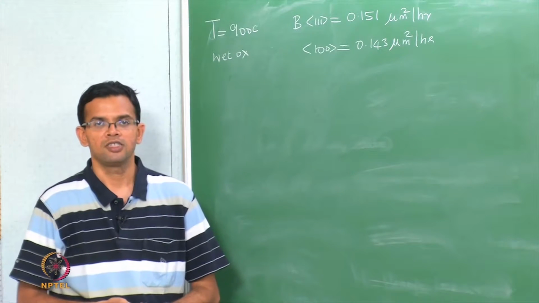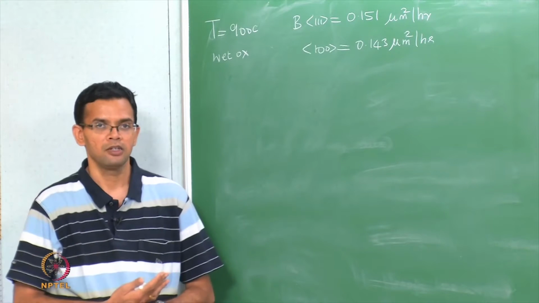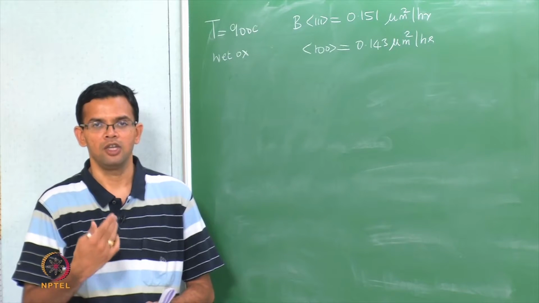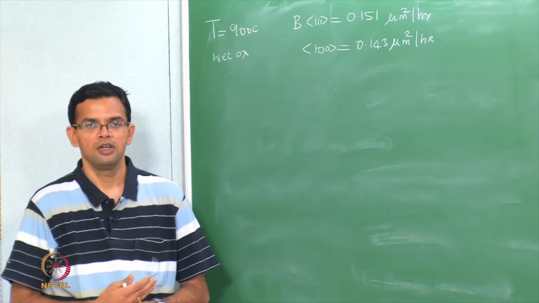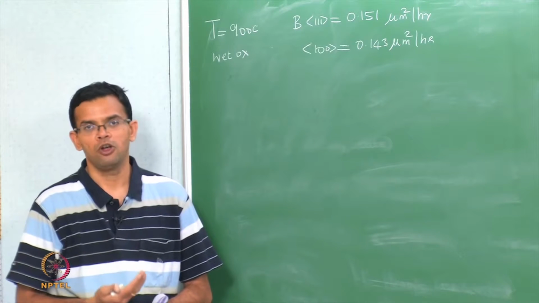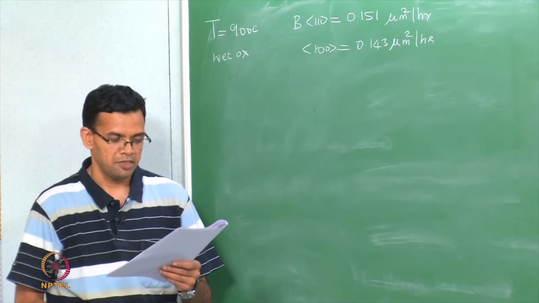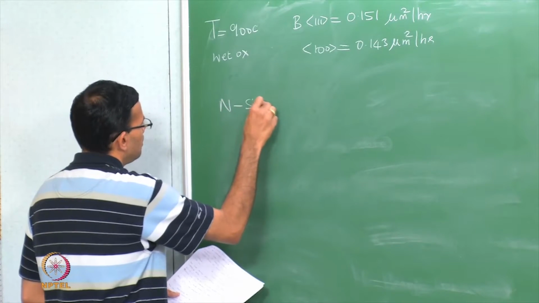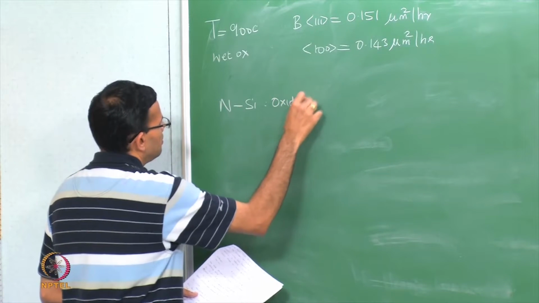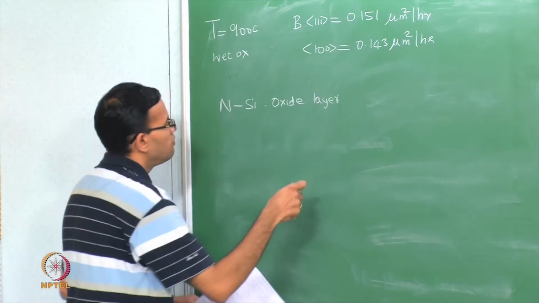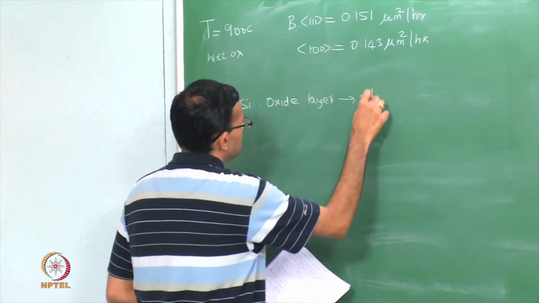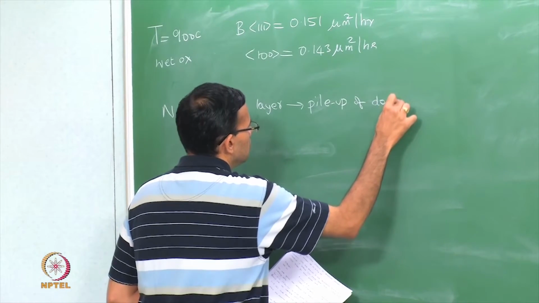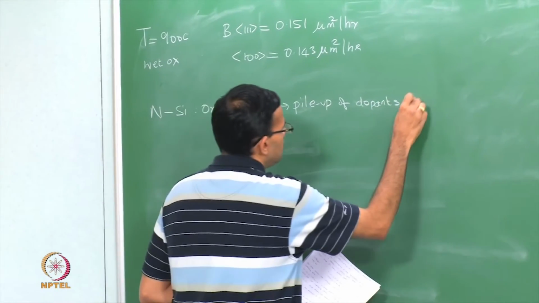The presence of the oxide layer will also have an effect on the concentration of dopants. If you have n-type dopants, as the oxide layer is being formed, these n-type dopants have a lower solubility in the oxide and they get rejected. So, if you have an n-type silicon, the oxide layer will lead to a pileup of the dopants in the silicon.